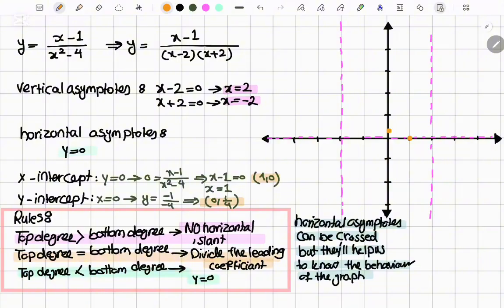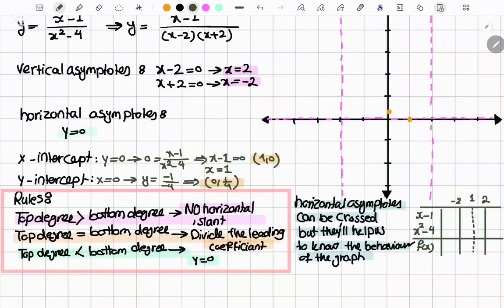If you don't want, you can just do it with substitution of different points over here and over here and over here and also over there, so that you would know how the graph is moving. But I myself recommend you to use the sign diagram because it's much easier, more professional, and it's going to be really, really great. I also have a video on that I will link in the description box below. I'm going to be back with the sign diagram. So ta-da, I'm back with the sign diagram.